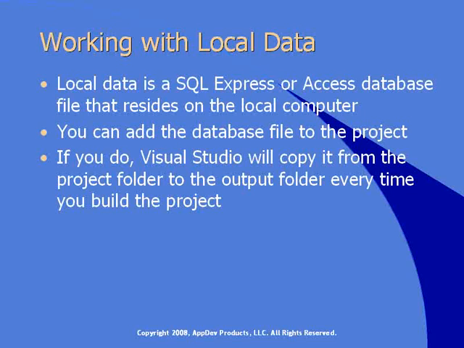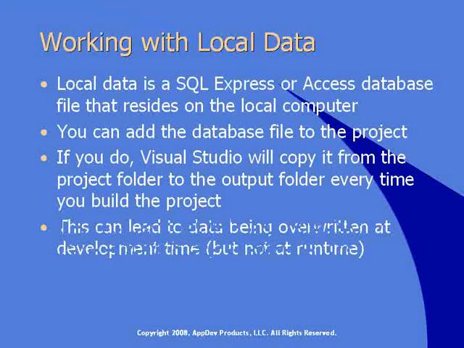First of all, you now have 3 versions of that database file on your hard drive. The original version, the version in the project folder, and the version in the output folder. And the other thing that happens is at runtime, your application will use the version of the file in the output folder. And the potential problem here is that you can overwrite data at development time, although not at runtime.